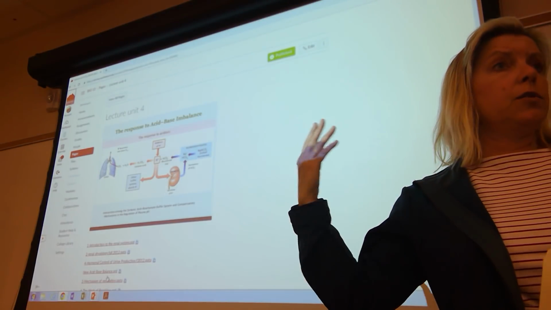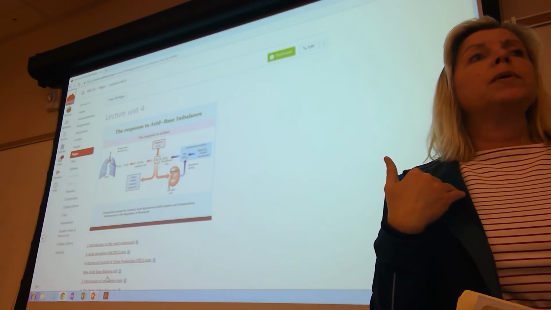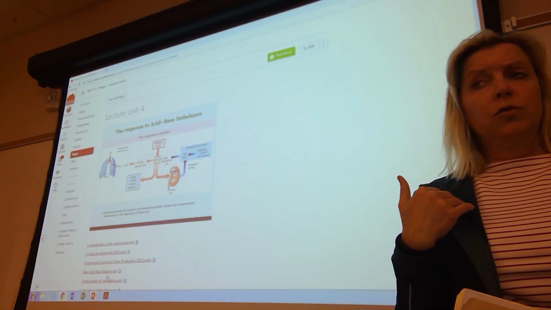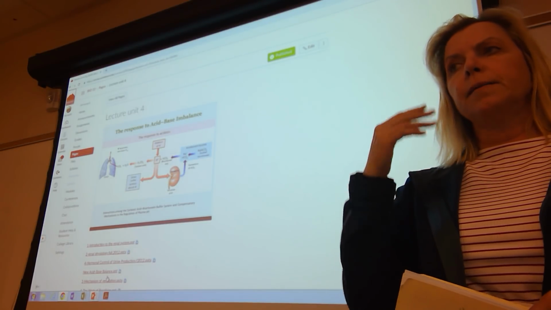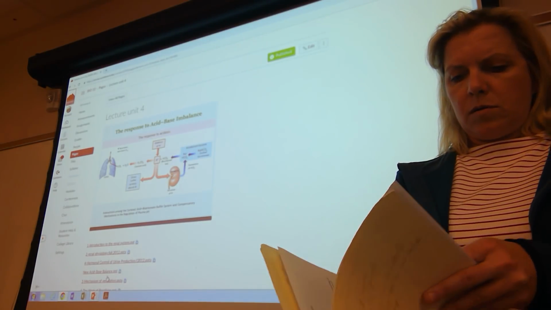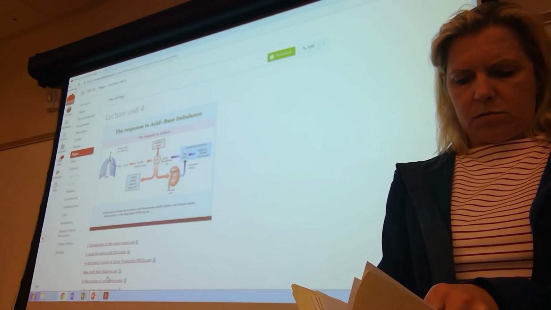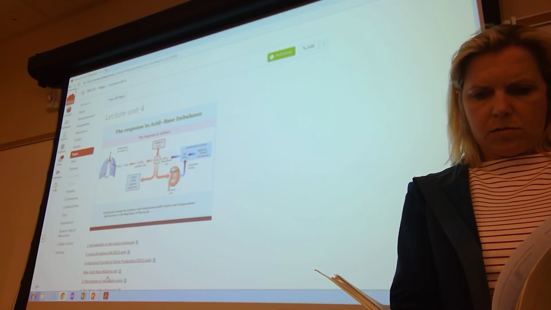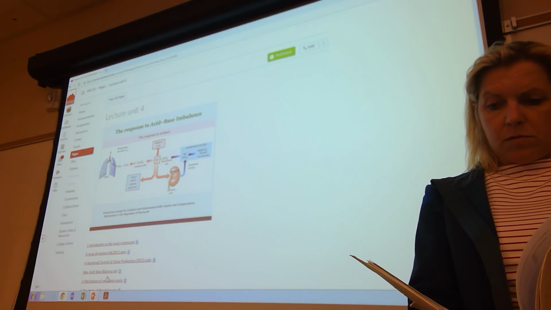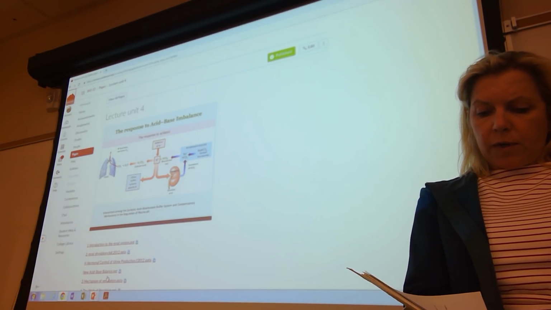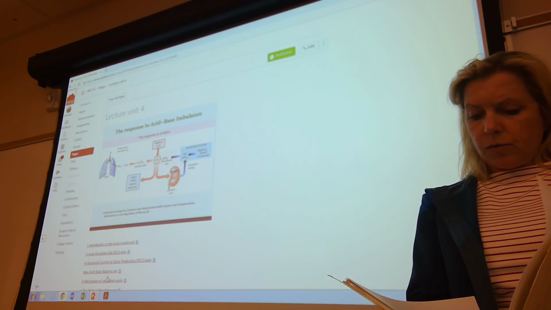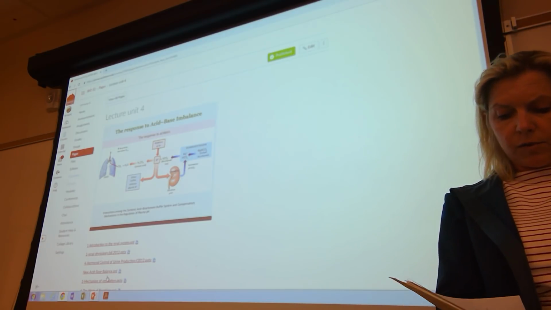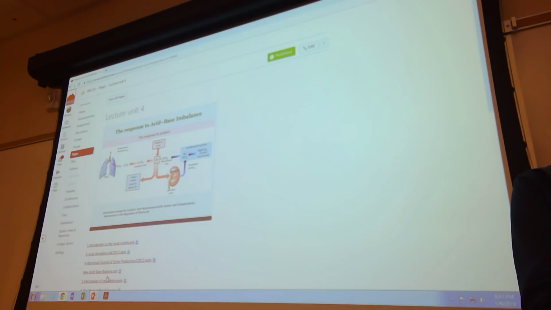Are you in the alveolus? Are you in the arterial? I will be using the symbols, so you should know what they are. Also work of breathing, surfactant lack, so restrictive versus obstructive disorders.